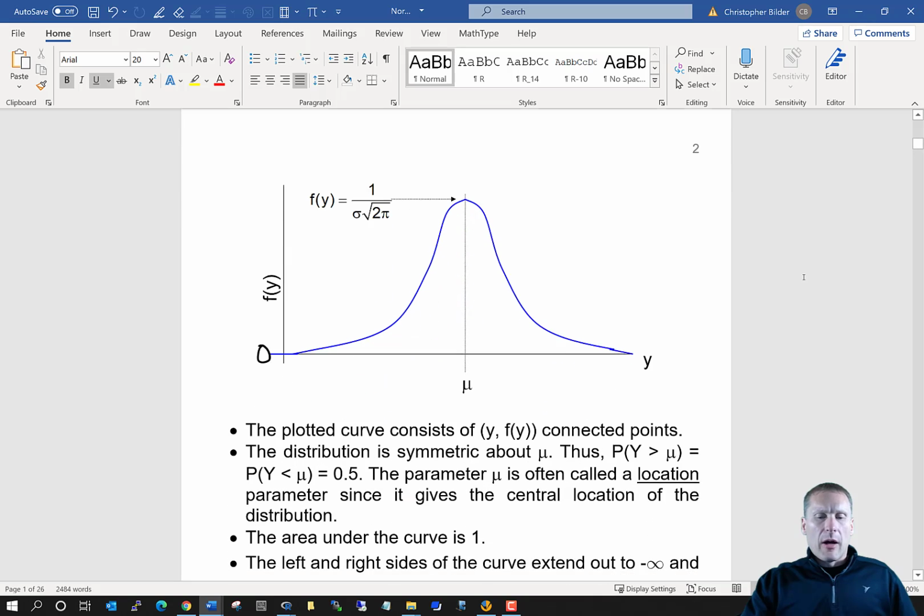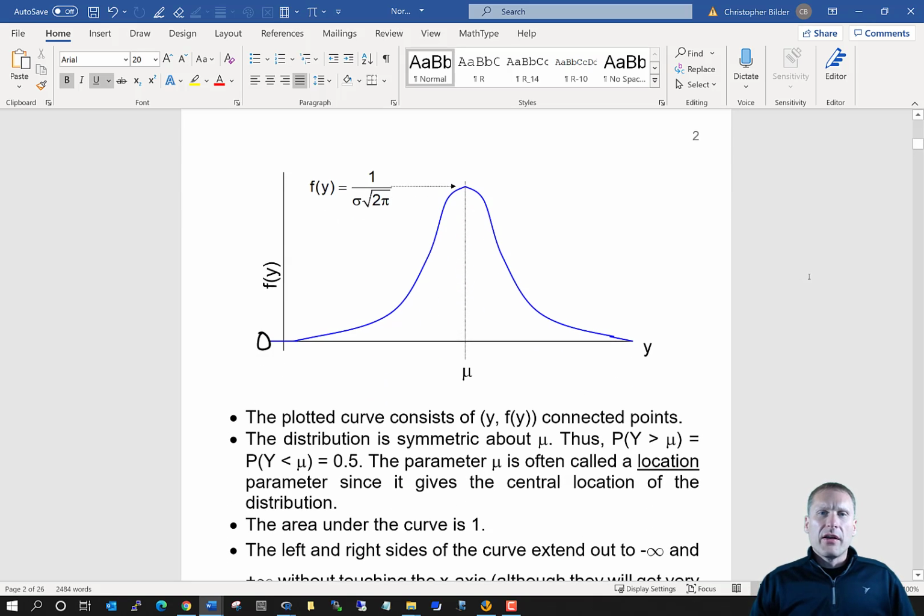Here is a kind of crude plot of what the normal probability distribution function would look like in general when we plot it. On my x-axis, I have y. On my y-axis, I have the usual f of y. Now, the normal probability distribution function is centered at mu. And in fact, it's symmetric about mu.